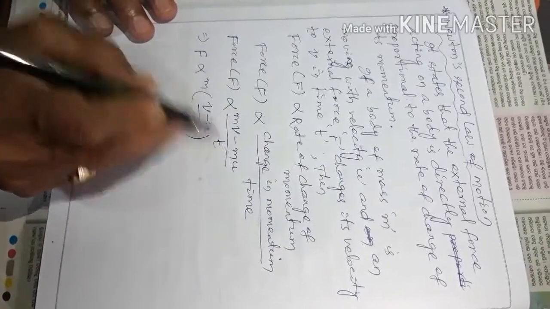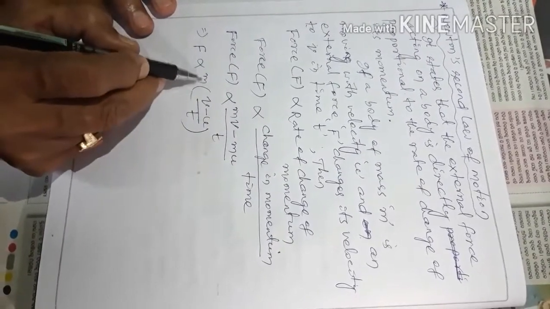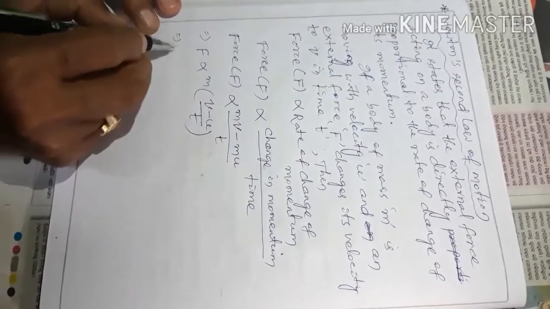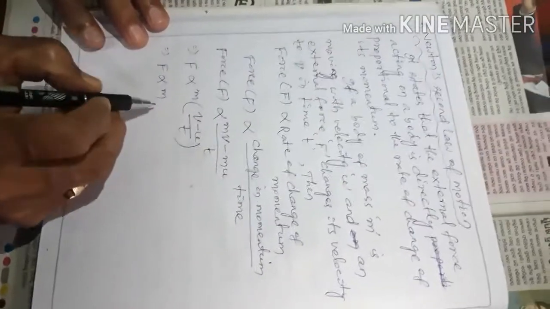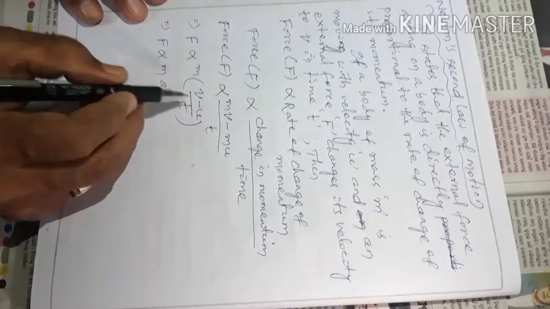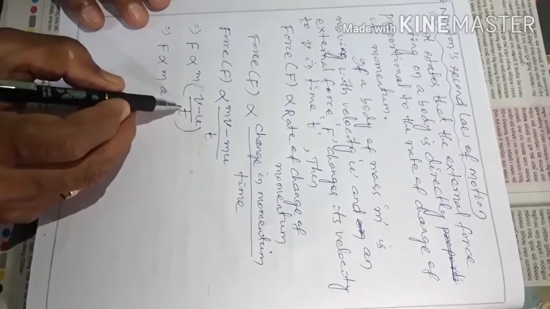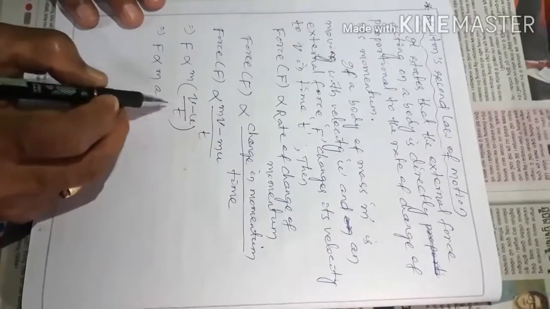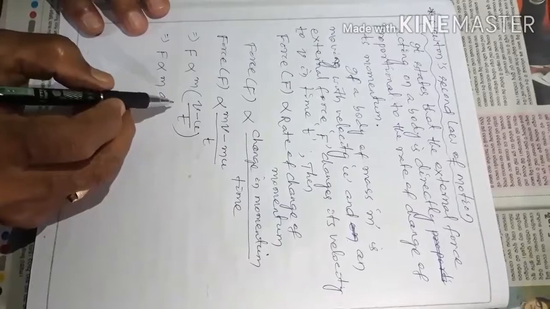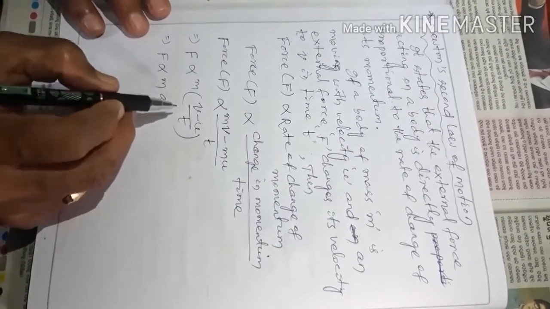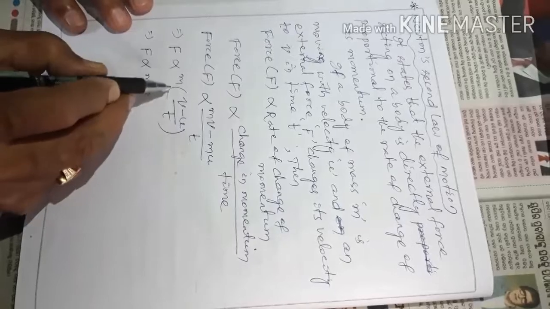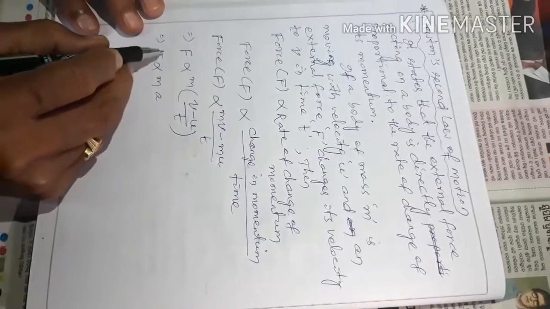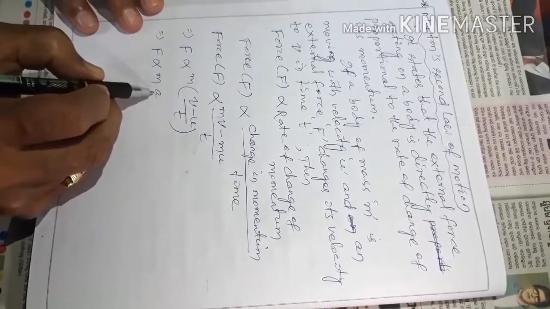Now v minus u by t is the rate of change in velocity, that is acceleration a. So F is proportional to m into a.